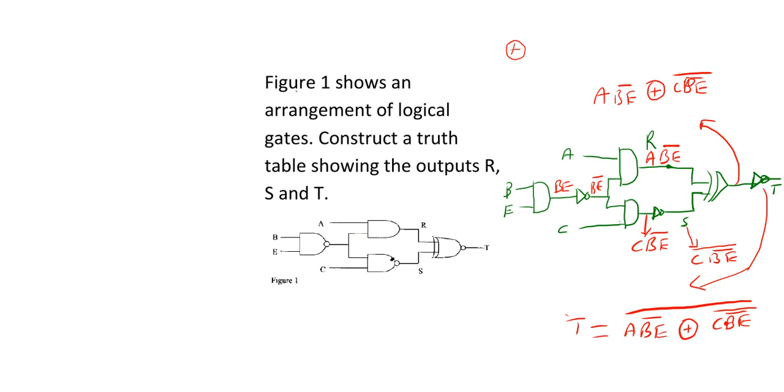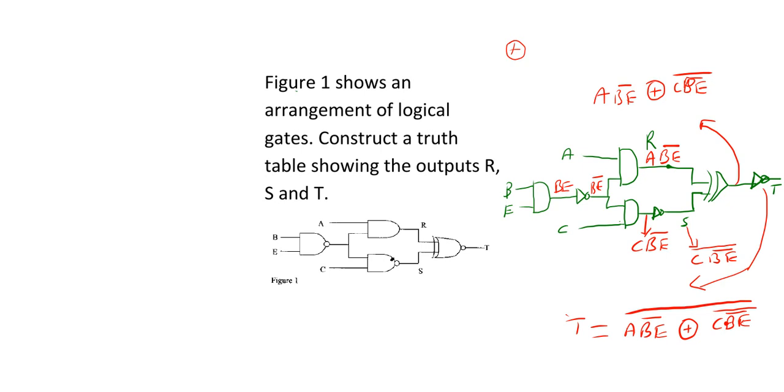First of all, the inputs are 4, and to determine the number of rows in the truth table, we normally use the formula 2 power n, where n is the number of inputs. So in this case, we have 4 inputs.